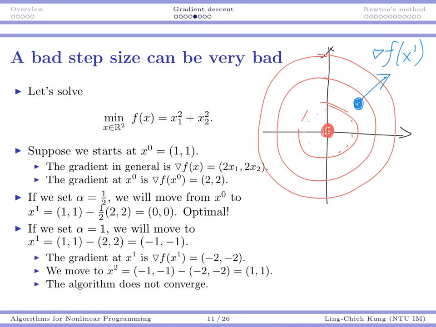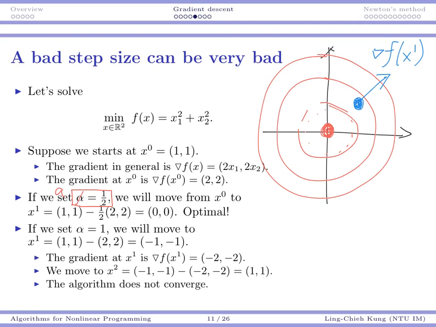Now let's see, if I set a to be 1/2, what's going to happen? Then I'm going to move from x0 to x1, which is the current solution minus 1/2 times my gradient. Then I get to (0, 0) directly, which is optimal.